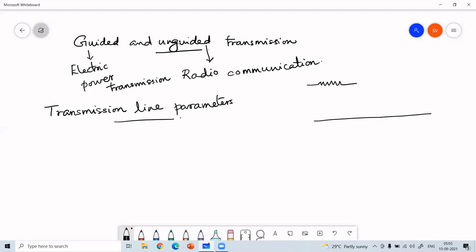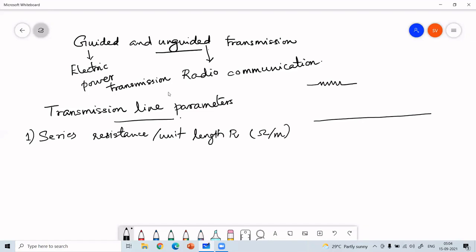While defining these transmission line parameters, we consider only unit length of a transmission line. Suppose that the transmission line has a unit length. So we consider resistance per unit length here. It is the first transmission line parameter, that is, series resistance per unit length, capital R. Its unit will be ohm per meter.